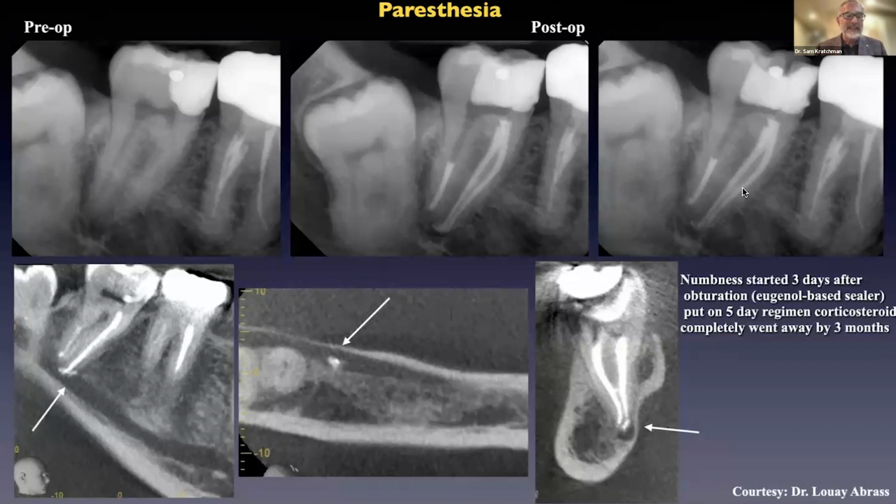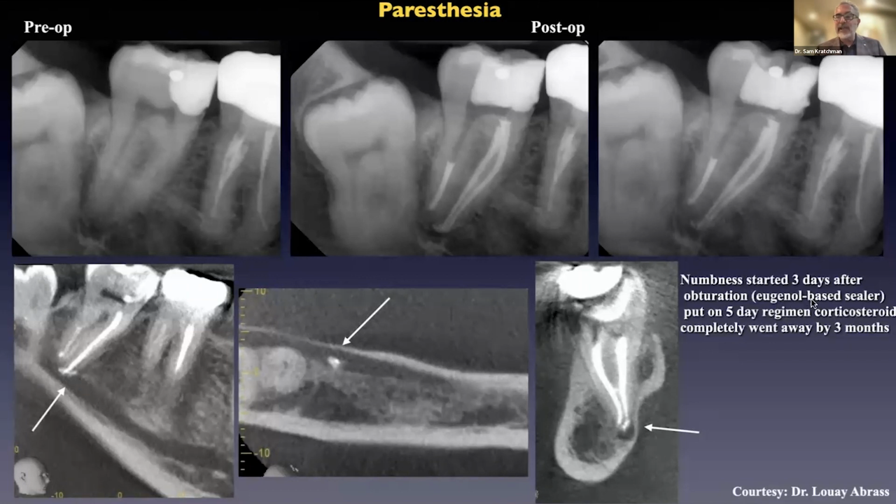So Louis did this beautiful root canal, and the patient ends up getting temporary paresthesia. If you look at the cone beam, look at how close the root tip of the second molar is. It's right in the mandibular canal.